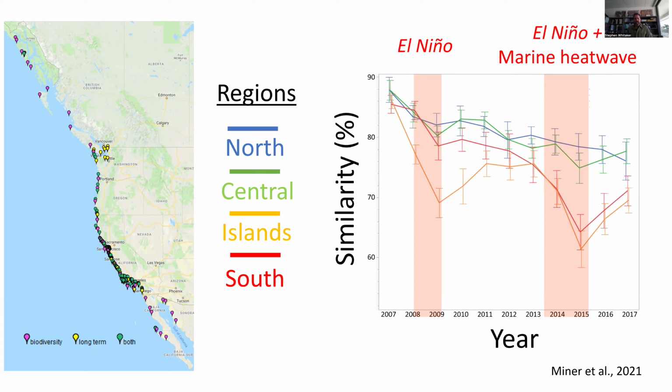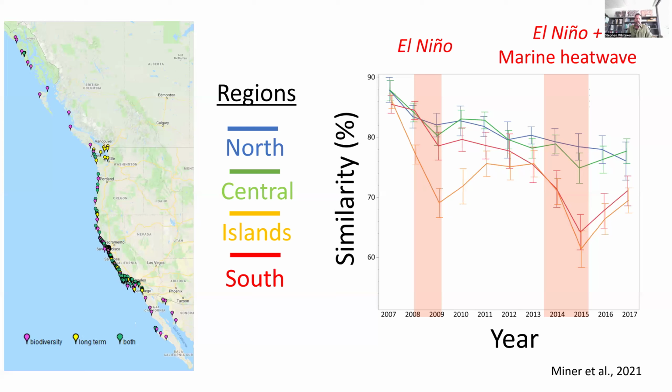And we found that the biological community at these sites across the entire coastline was changing during periods of abnormally warm water, such as happens during El Niños and marine heat waves. In this case, the graph illustrates when marine heat waves and El Niños occurred around 2008 to 2009, and then again in 2014 to 15. That's the pink bars in the graph.